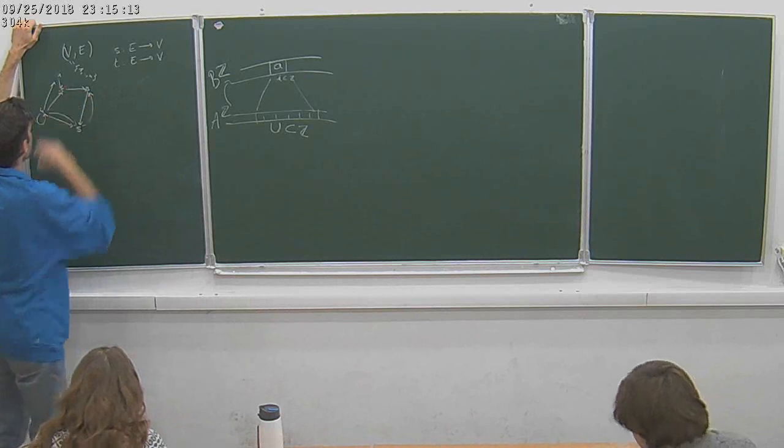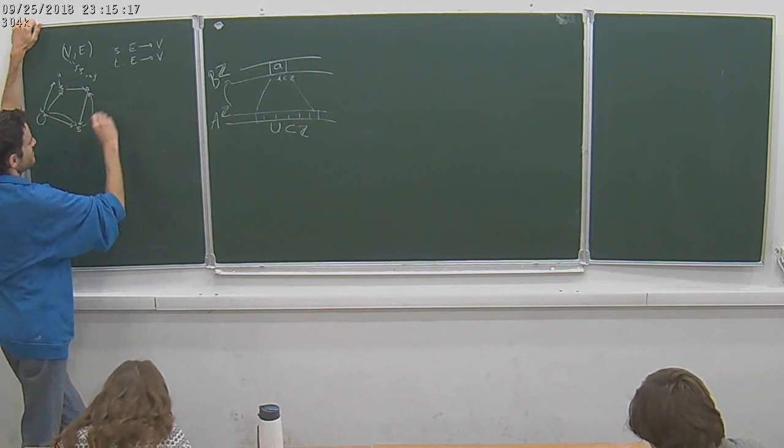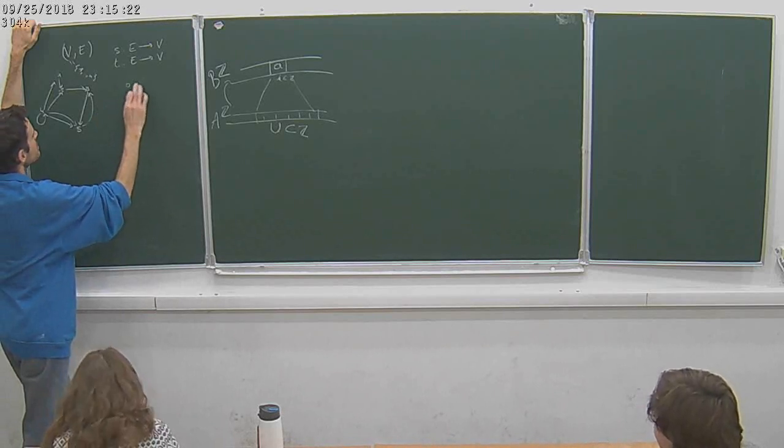So can someone tell me what the matrix is here? So 1 is not related to 1.